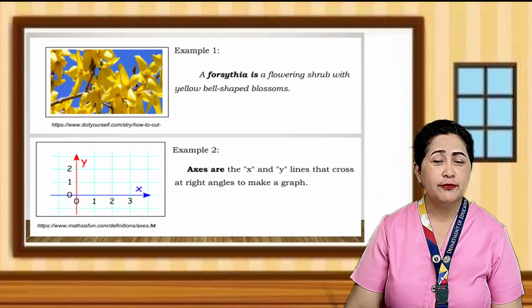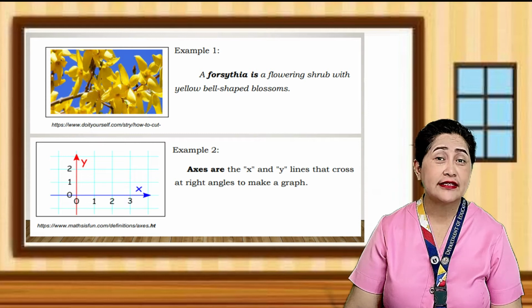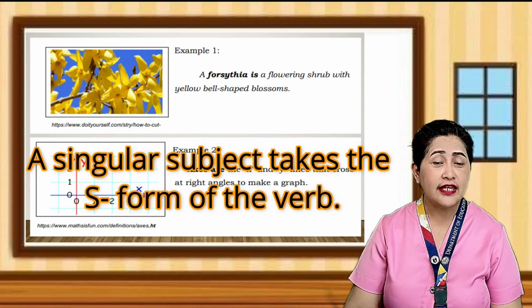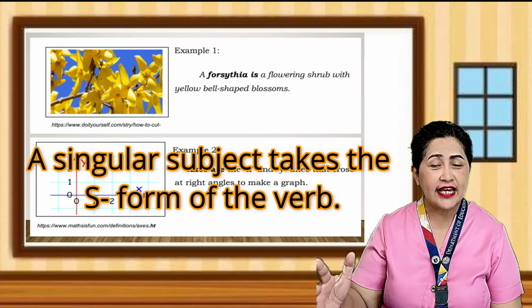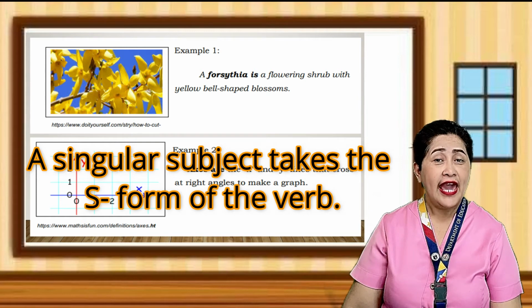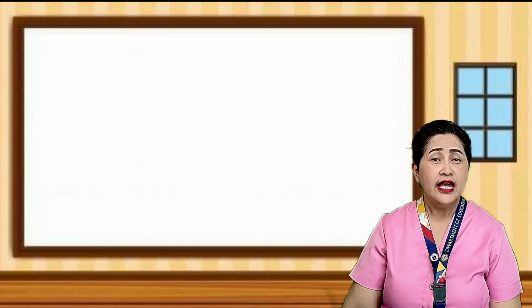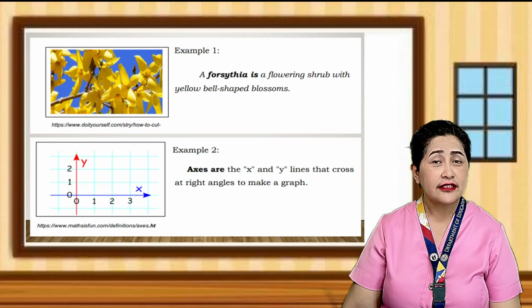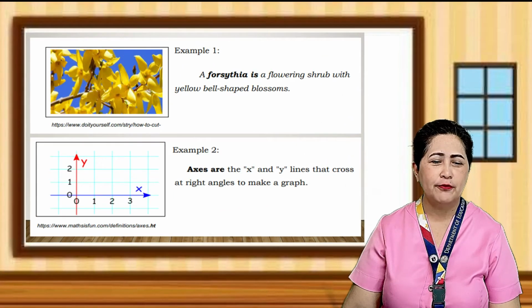In example number 1, the subject is singular. Therefore, the general rule is a singular subject takes S form of the verb or singular verb, hence the use of is. In example 2, the subject is access. The subject is plural in number.